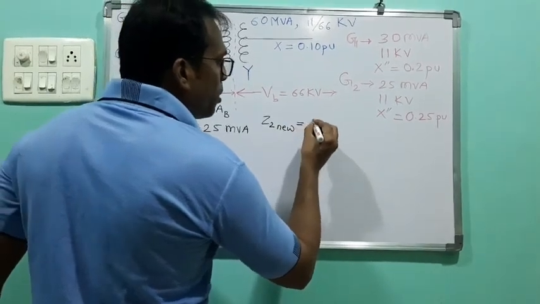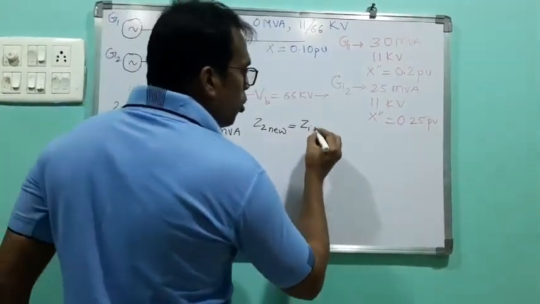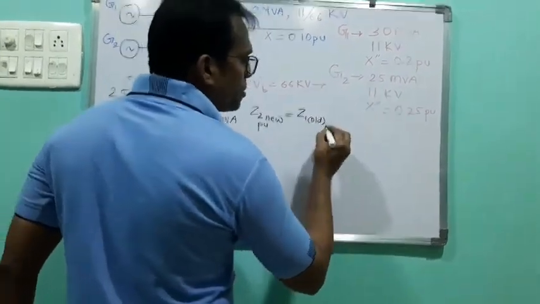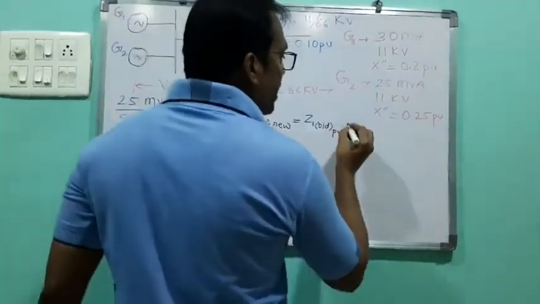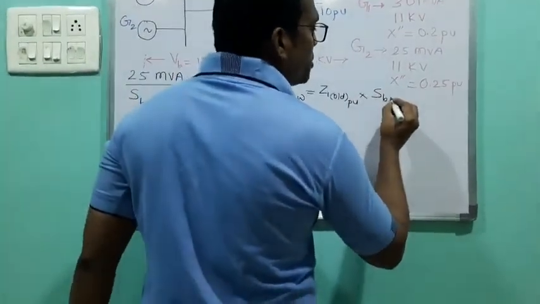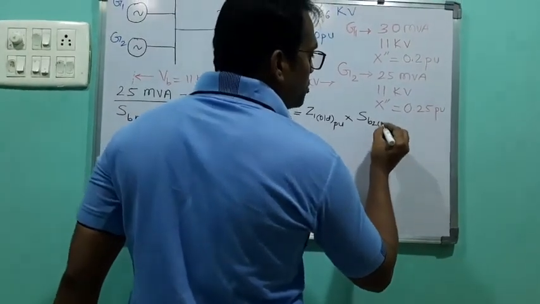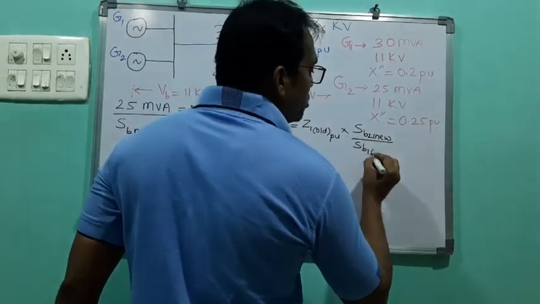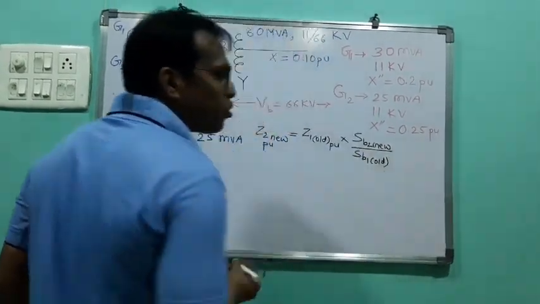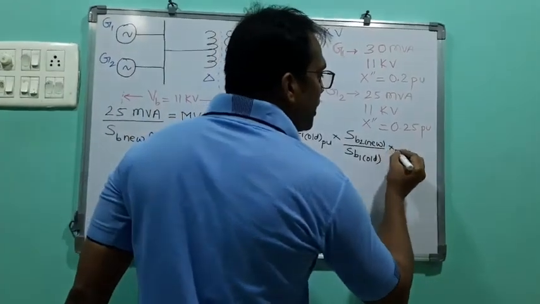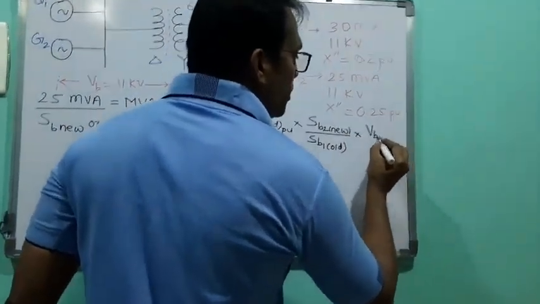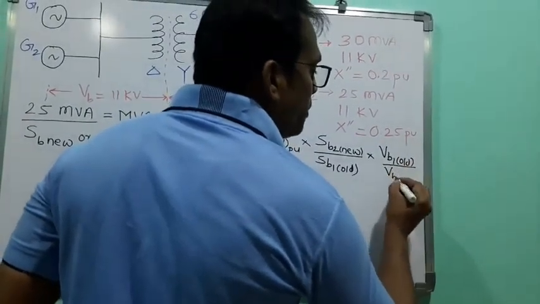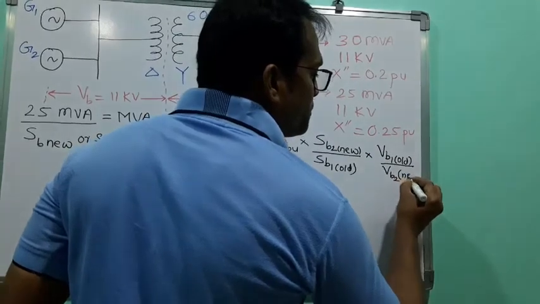The formula is Z1, that is the old one in per unit, multiplied by SB new, or SB2, divided by SB1, that is old, multiplied by VB1, that is the old value, divided by VB2, that is the new value.